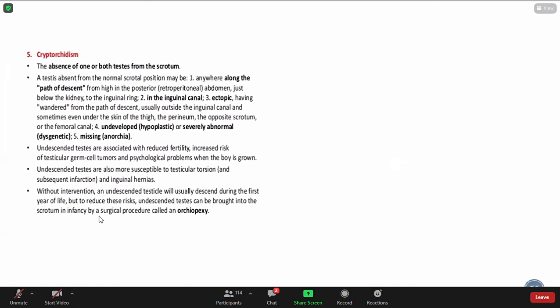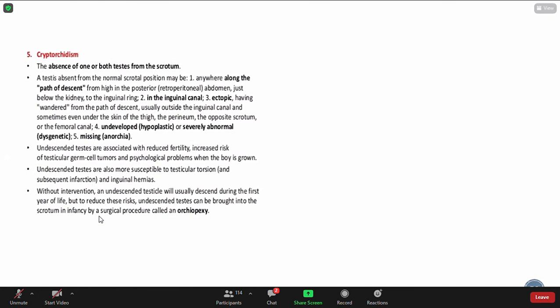Or it could be ectopic, having wandered from the path of descent, usually outside of the inguinal canal, sometimes even under the skin of the thigh. Sometimes it is hypoplastic, or sometimes it's missing. So these are the different causes of an absence of the testis in the scrotum.